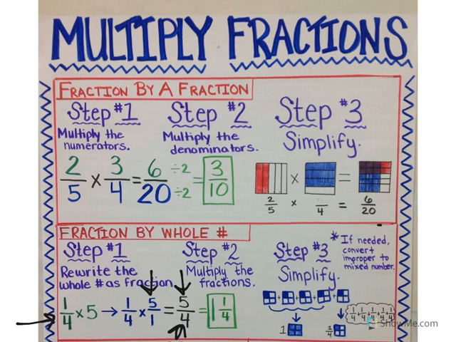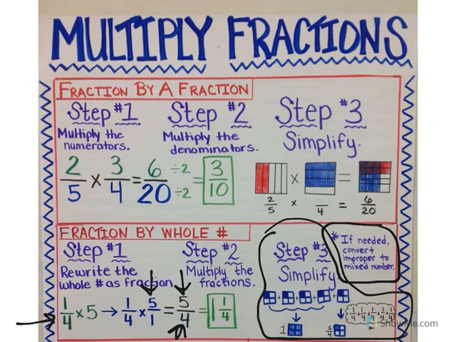And we see right here, if needed, convert the improper fraction to a mixed number. So they simplified in step 3 right here, and we can see that they made it into 1 and 1/4. You really could have just set it up over to the side and divided 5 by 4, and you would have gotten 1 and 1/4. So remember, you rewrite the whole number as a fraction, multiply your numerators, multiply your denominators, and then simplify if possible.